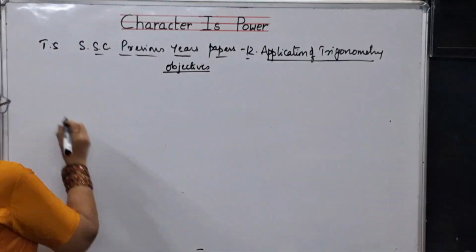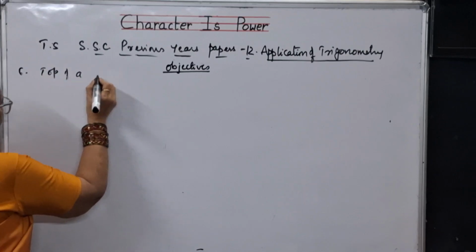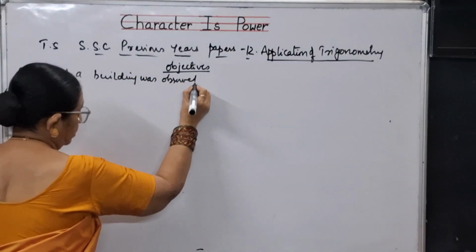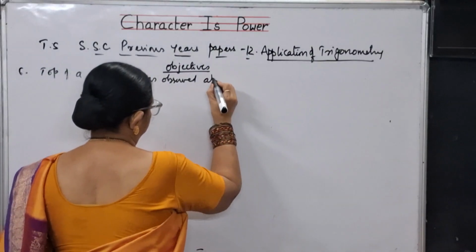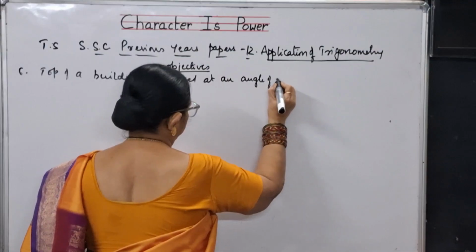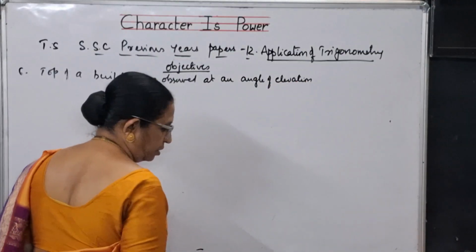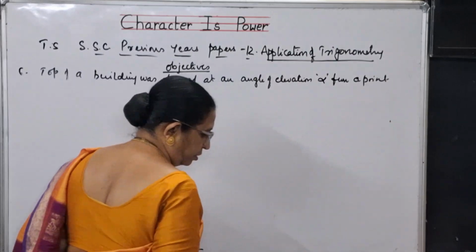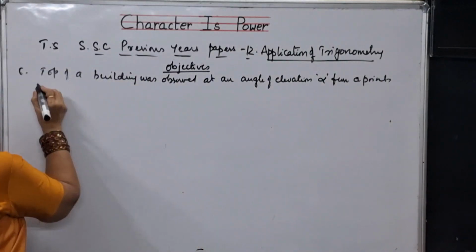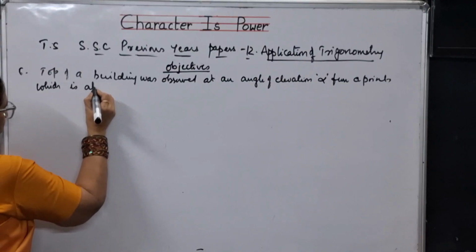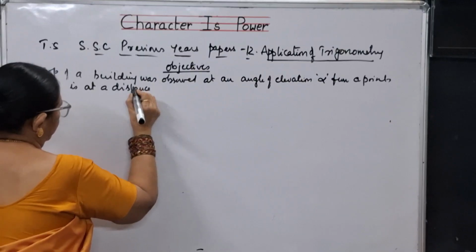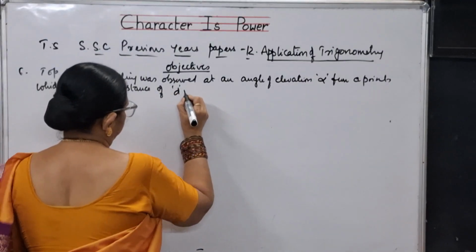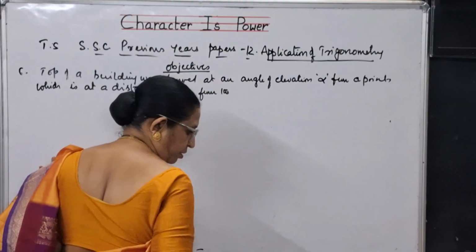Top of a building was observed at an angle of elevation alpha from a point which is at a distance of d meters from the foot of the building.